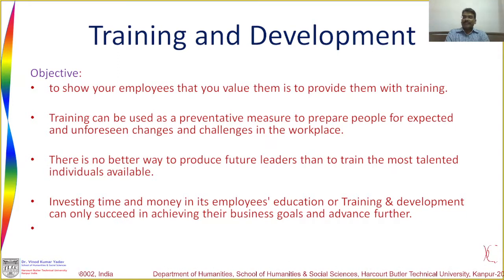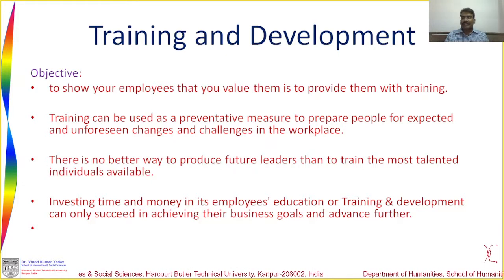Now, what are the objectives of training and development? Right now we are talking about training and development as a process. Later, in the second part, we will discuss the training aspect first and then the development aspect, and then differentiate. The training and development objective is to show your employees that you value them, to provide them with the training.